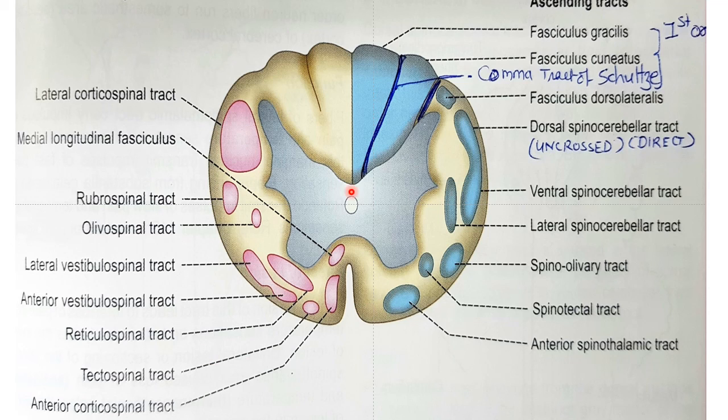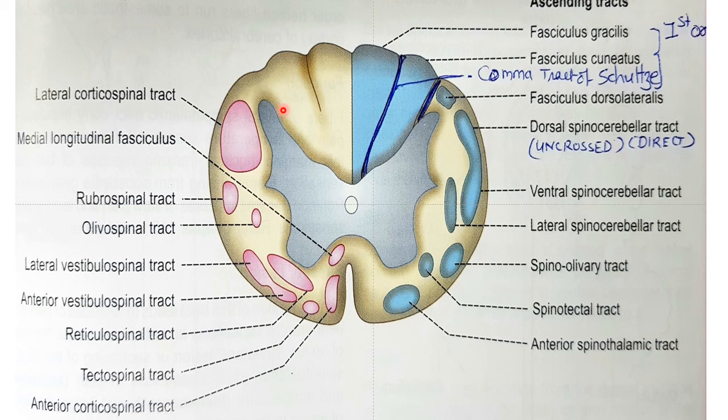Now, if we cut the transverse section, the blue color shows sensory, ascending tracts. It means the neurons present here receive the sensory input, then the axons of these neurons ascend upward and the sensation may reach up to the cerebral cortex, the reticular system or the thalamus.